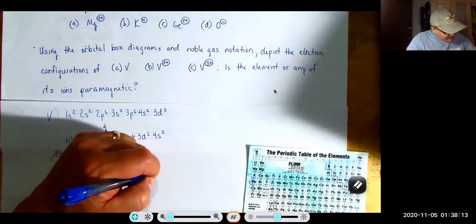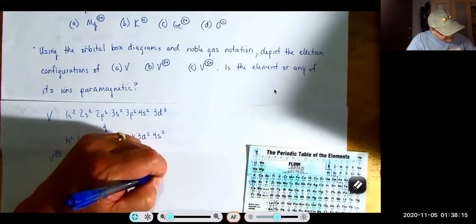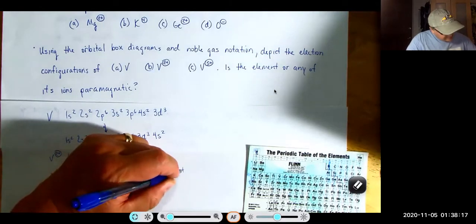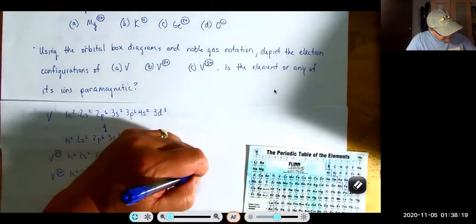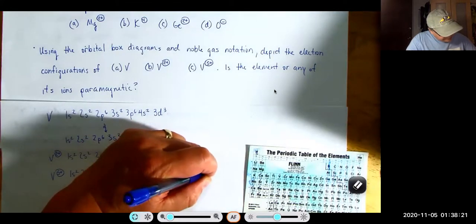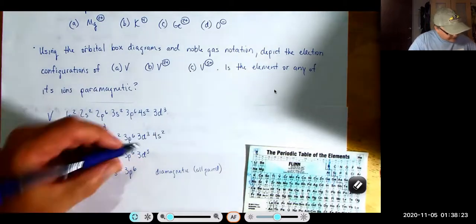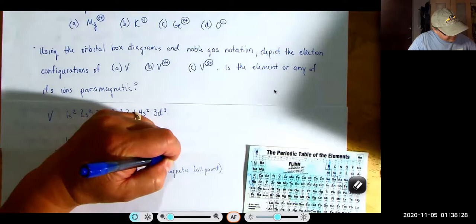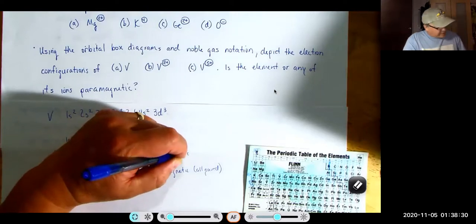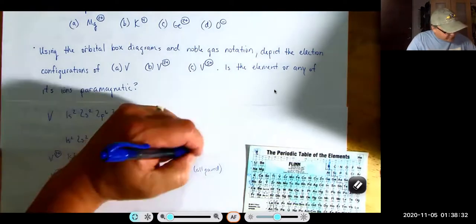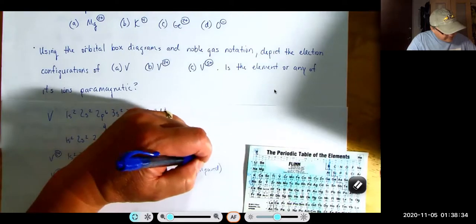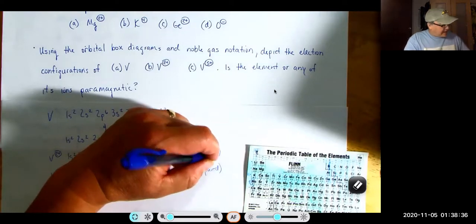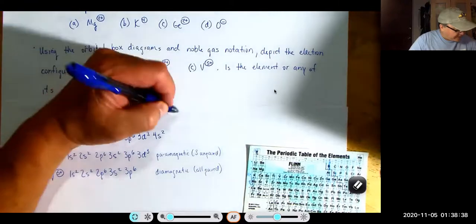This guy is diamagnetic because they're all paired. This one is paramagnetic. And this one's paramagnetic because we have 3 that are unpaired. And this guy here is also paramagnetic.